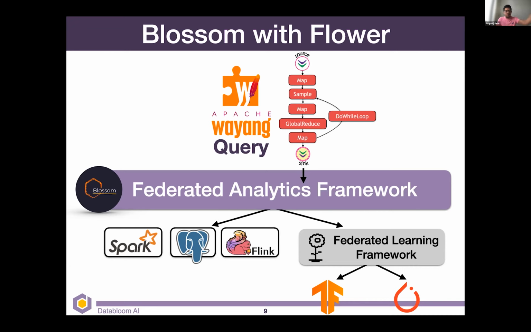Whenever we say you need to run it on TensorFlow or PyTorch at the same time, we rely on Flower to create this federated pipeline. We are sitting on top of Flower, and our job is to spot the right platform or system to use.